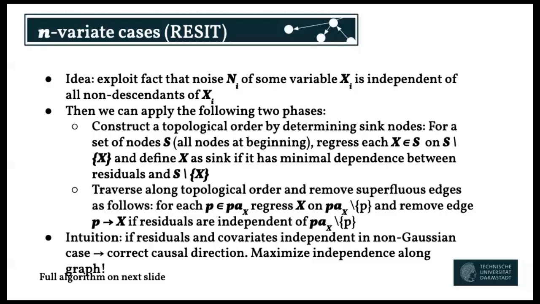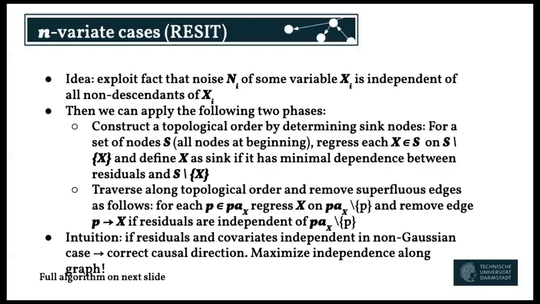And you do this for all the combinations, and you simply choose a sink node based on the level of independence, if you want to put it like that. So the combination that maximizes independence between the chosen variable and its parents is then deemed to be a sink node.